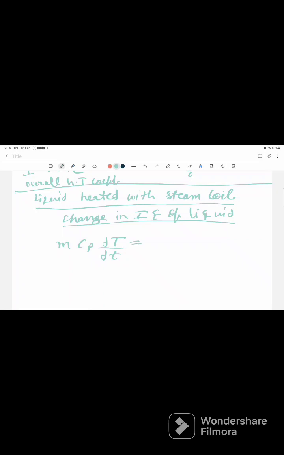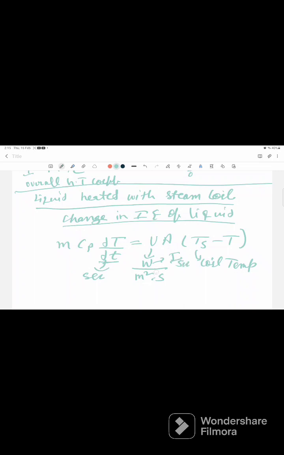So U A (Ts minus T), where Ts is the coil temperature. This has a unit of watt, which is joule per second.